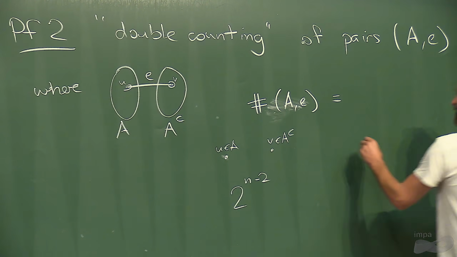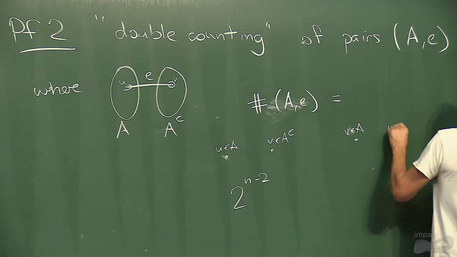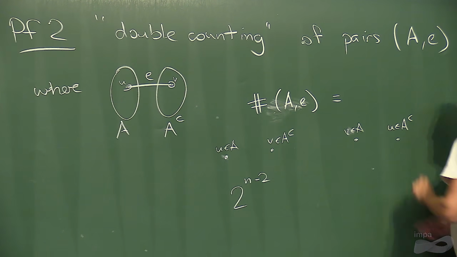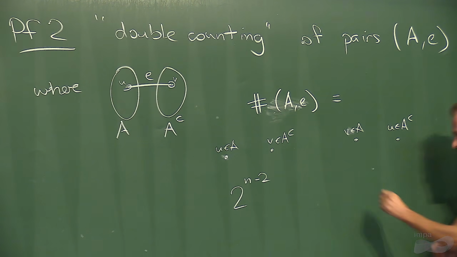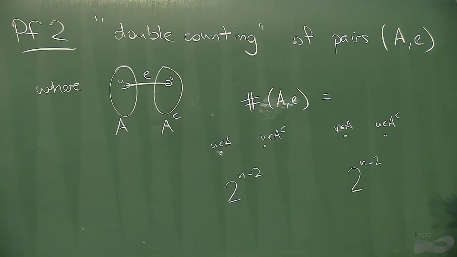Or you could put V in A and U in A complement, and then do what you like with the rest. That's another 2 to the n minus 2 choices. So in total, there are 2 to the n minus 1 choices. That's true for every edge.